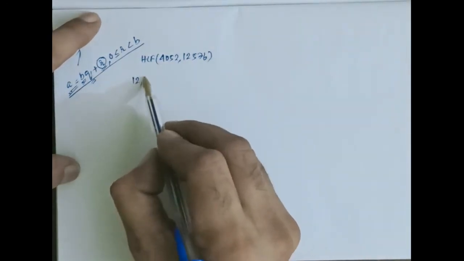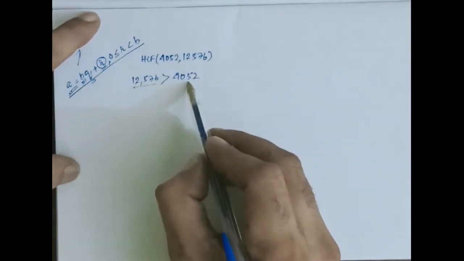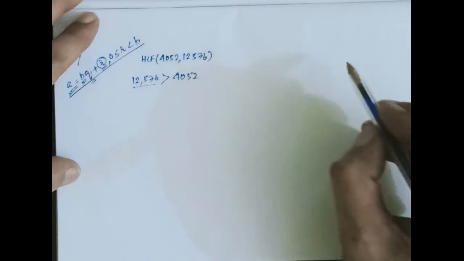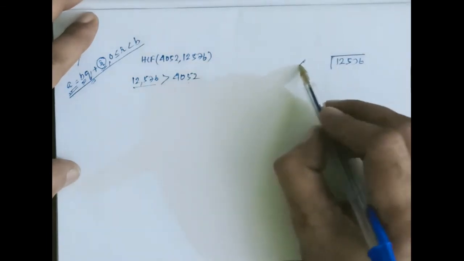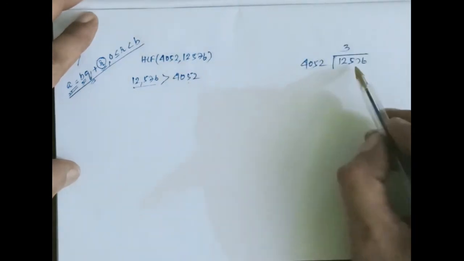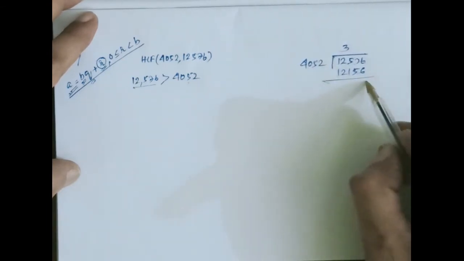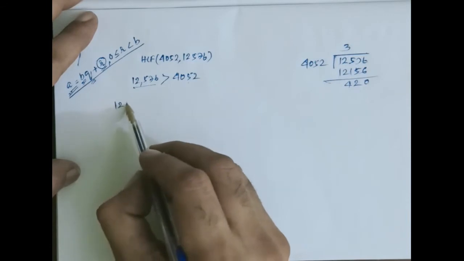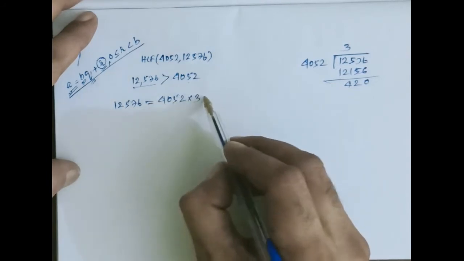Since 12576 is greater than 4052, we will divide this with this value. 12576 divided by 4052 gives 3 times, 3 times 4052 is 12156, and we get the remainder 420. So it can be written as 12576 equals 4052 into 3 plus 420.